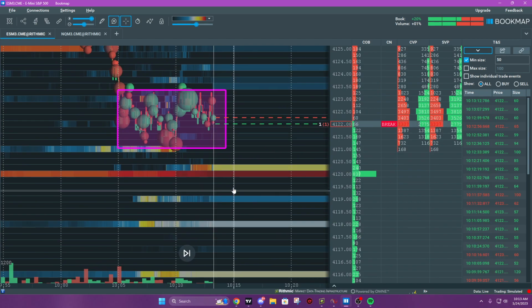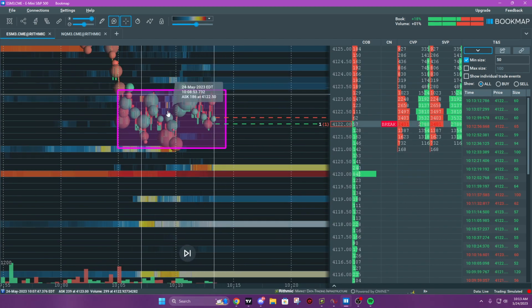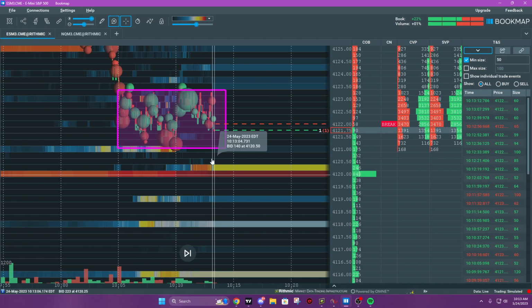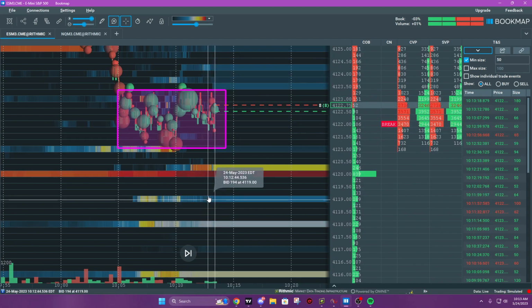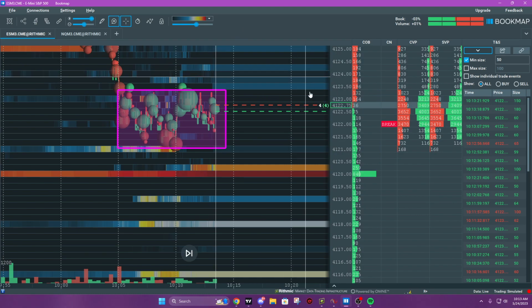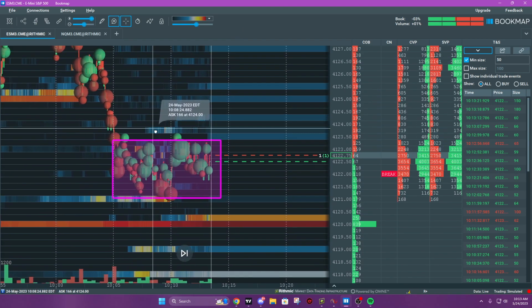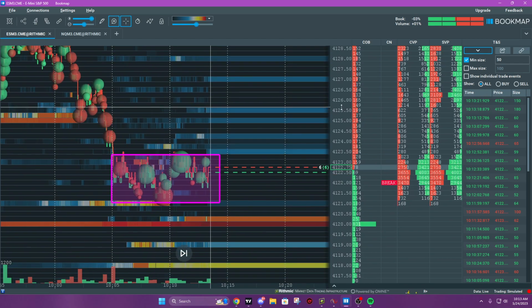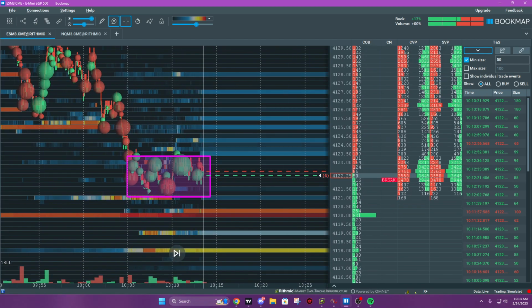Since this is consolidating at the bottom of the range, if we break down, we'll most likely move lower for a little bit longer. But if we break out, we might rally up a little bit and then rally back down. That's kind of what I would think for that.